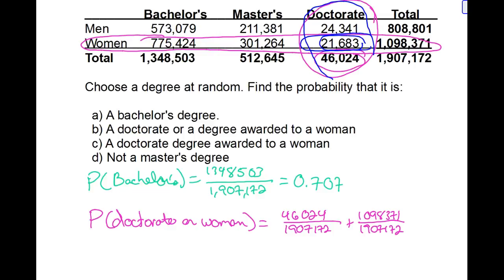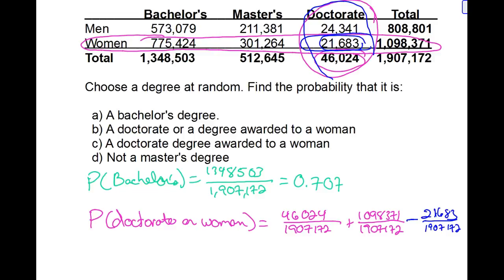Don't really want to count it twice, so I'm going to have to subtract out one of those times that I counted it, because those 21,683 people were actually counted twice in this session, and we really don't want to do that. So you have to be careful when you're doing this.